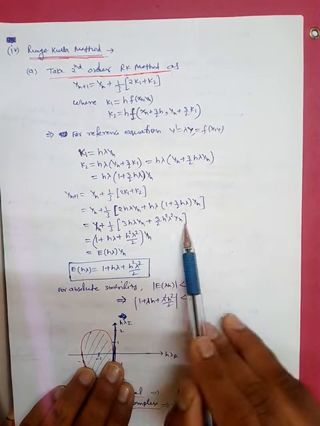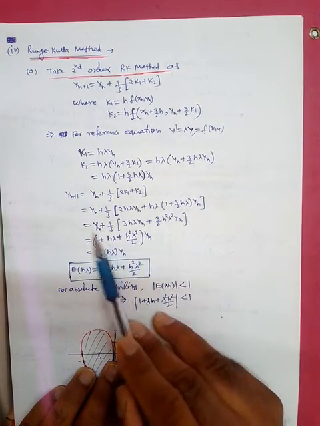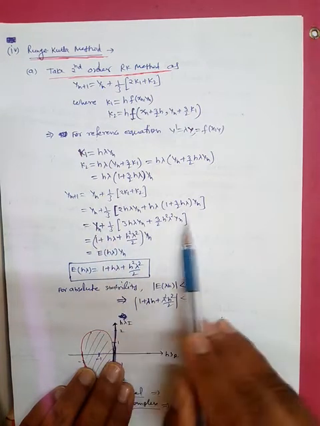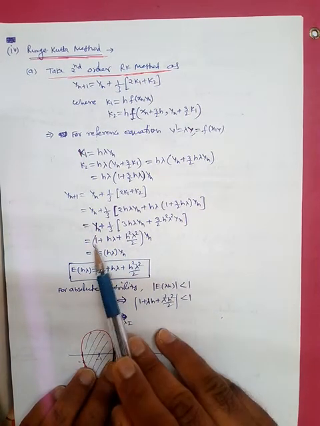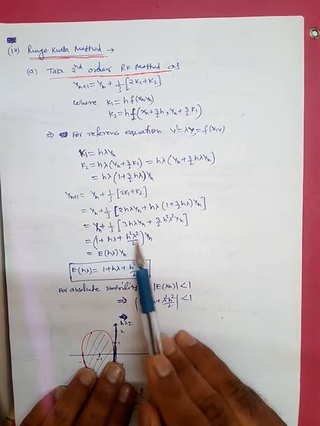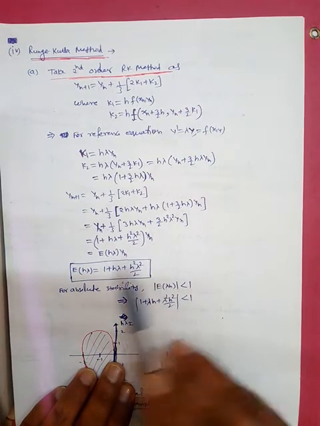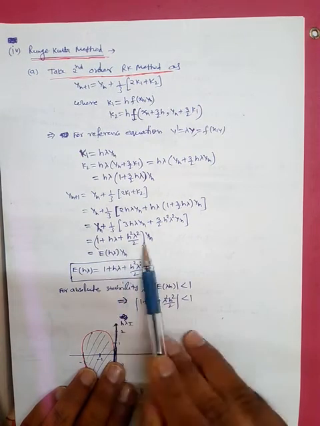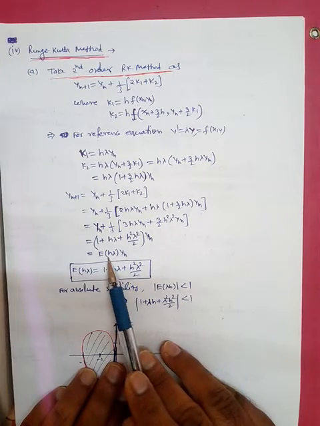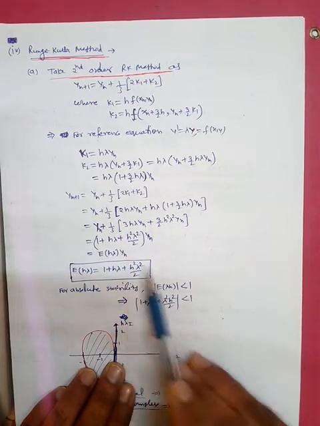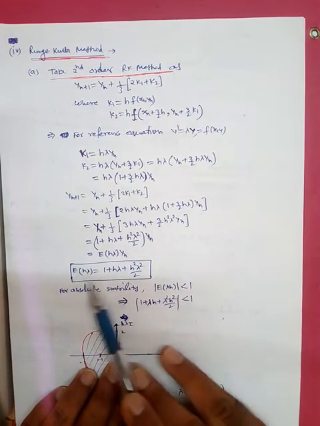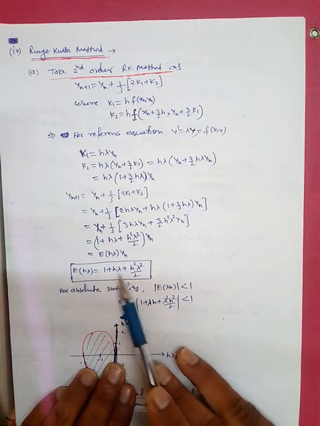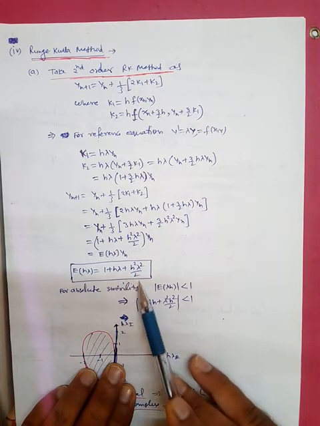Now you can take y_n common from here, ultimately y_n is also here, so when you take y_n from the complete term, then we will get (1 plus h lambda plus h square lambda square by 2) y_n. So this bracket quantity is basically e^(lambda h) y_n. So ultimately again we get the second order method, e^(h lambda) is 1 plus h lambda plus h square lambda square by 2.